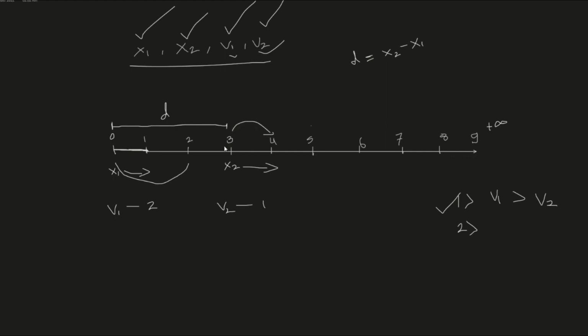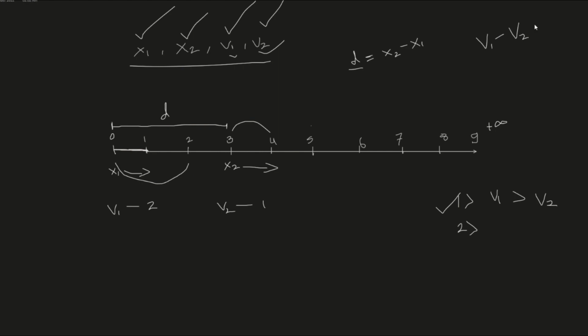So the distance between them is reduced by 1, right? At what pace will the distance between them be reduced? It will be the greater velocity minus the smaller velocity, whatever it is.